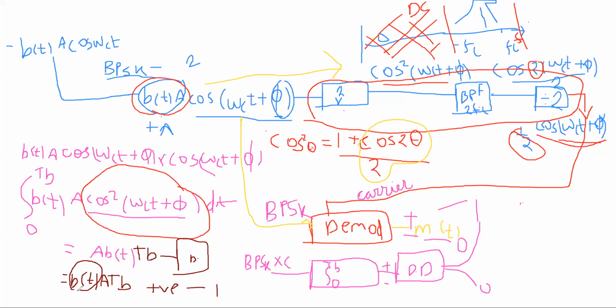If b of t is negative, then this whole term will be negative, and the decision device will take the decision in favor of logic 0. That is as simple as that.